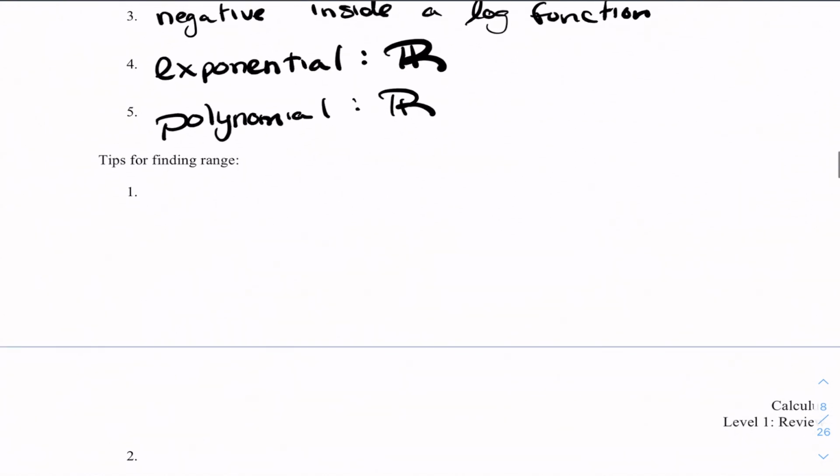Okay, so then tips for finding range. This goes to some basic properties. First off, if we have division or a rational function, what do we have to worry about here? So this is like f of x divided by g of x. We would get possible horizontal asymptotes.